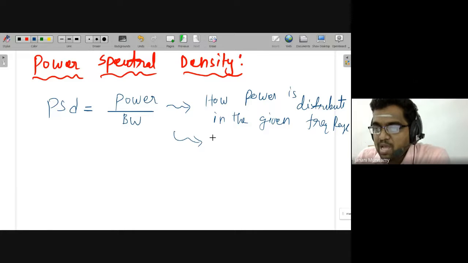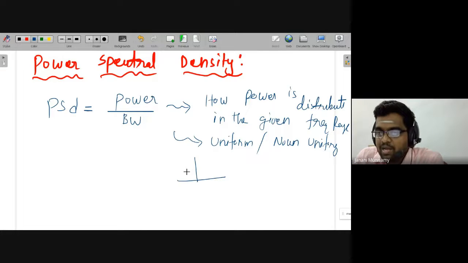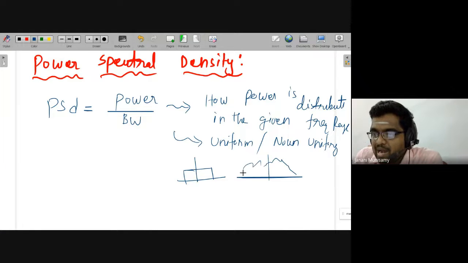The distribution may be uniform or it may be non-uniform. We do not know. Power may be distributed uniformly, or it may not be distributed uniformly. Uniform in the sense the entire power may be distributed like this. This is the uniform distribution. Non-uniform means it may be distributed in some random manner.